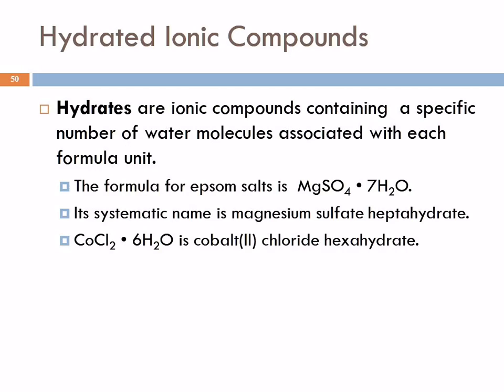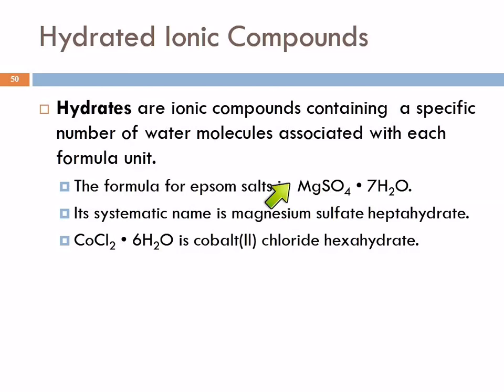Hydrates. We're not going to do a lot with hydrates, but you just need to know that they exist and how to name them. So hydrates are ionic compounds that have specific numbers of water molecules associated with each formula unit when they crystallize and form a solid. So this is the formula for Epsom salts, which you may have used to soak a sprained ankle or something.